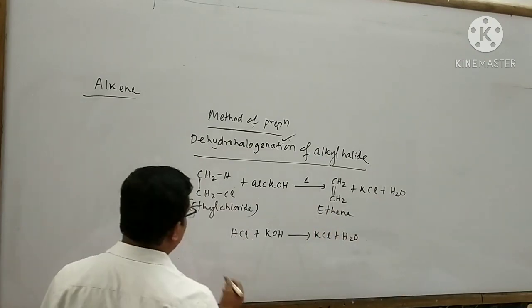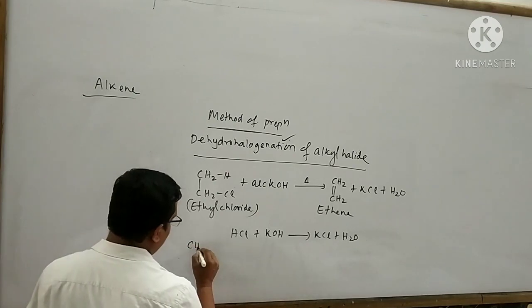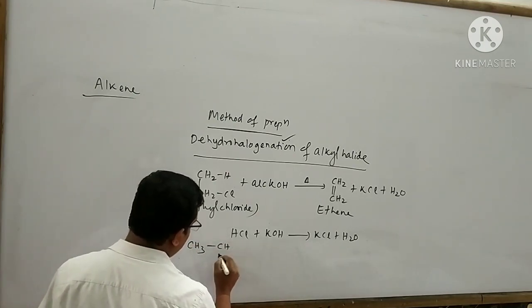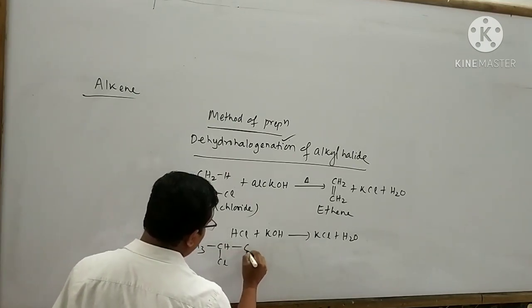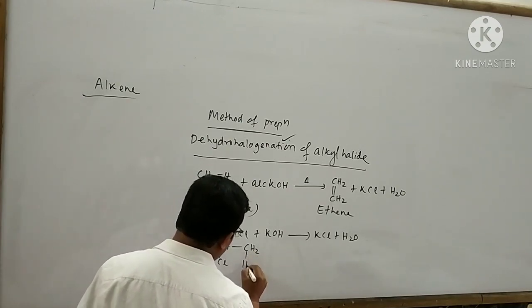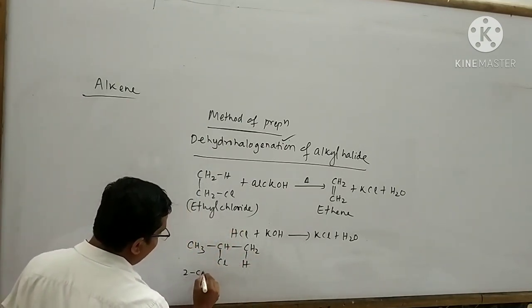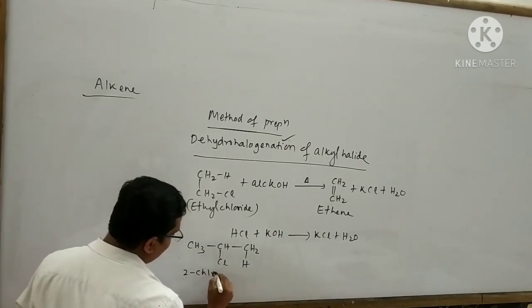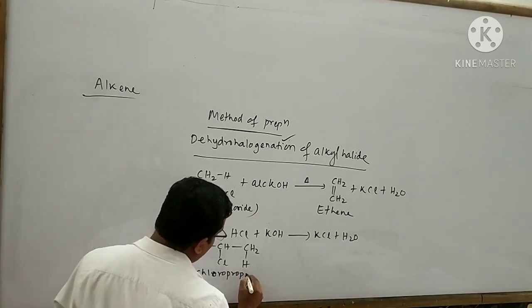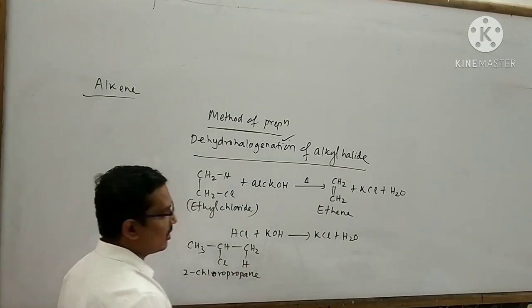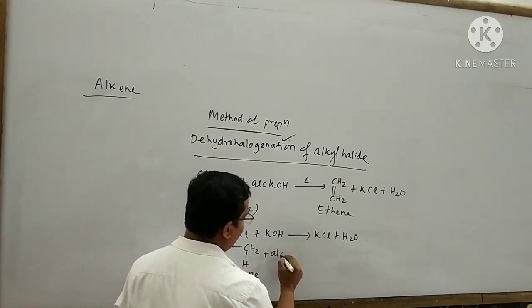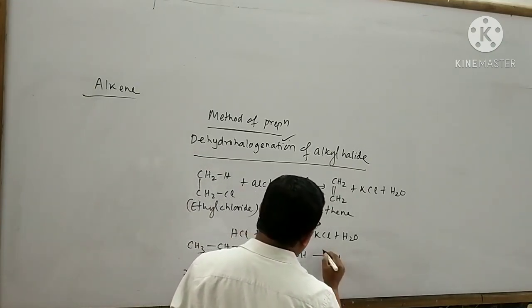Similarly, take another example: CH3 CH bond Cl bond CH2 bond H. The name of this reactant is 2-chloropropane. When 2-chloropropane is subjected to reaction with alcoholic OH, then what will happen?